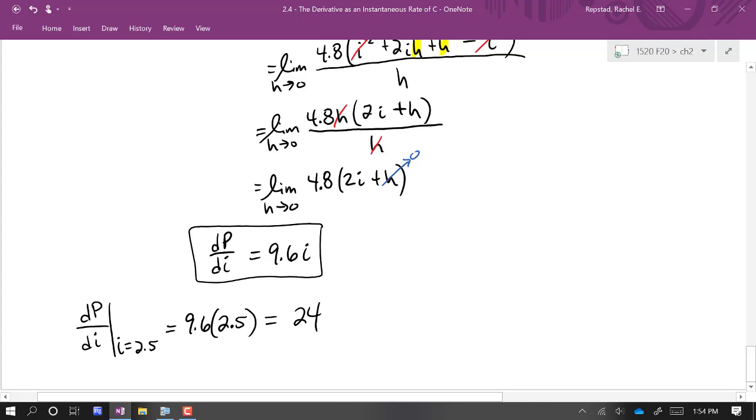And what should the units be? If you want to give this some thought, maybe pause the video before I talk about what the units ought to be. Going back to the dP/dI notation, I know that my units are going to be units of power, which will be watts, over units of current, which is amps. So this is watts per amp.